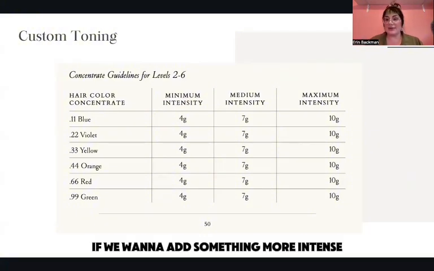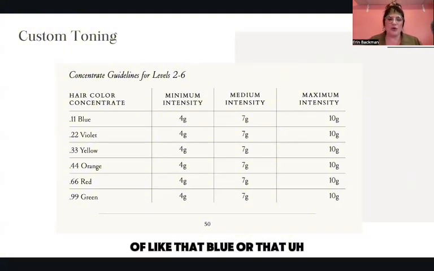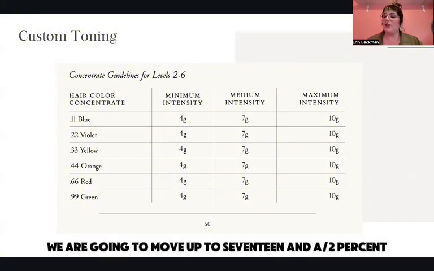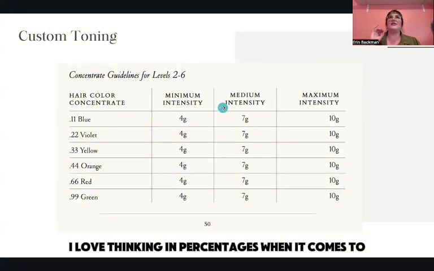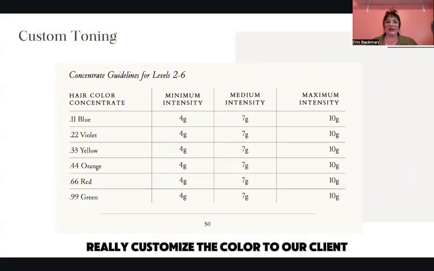If we want to add something more intense and we want it to be a little bit stronger of that blue or that red that we're adding to our formula, we are going to move up to 17.5%. I love thinking in percentages when it comes to adding color concentrates because this helps us really customize the color to our client.